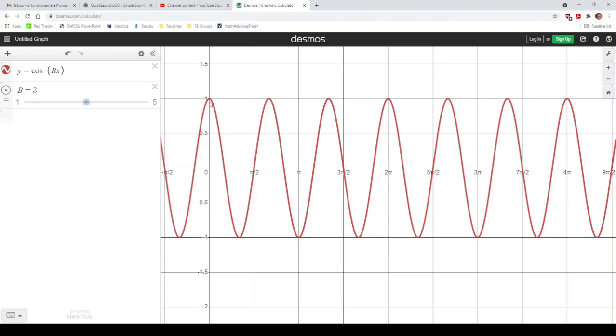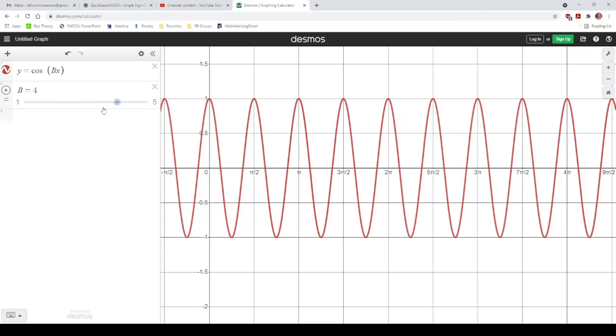All right, notice that by the time we get to 2 pi, we've gone through 1, 2, 3 complete cycles. So the length of one cycle is 2 pi over 3. If we change b to 4, the length of a complete cycle is 2 pi over 4, in other words, pi over 2 units.